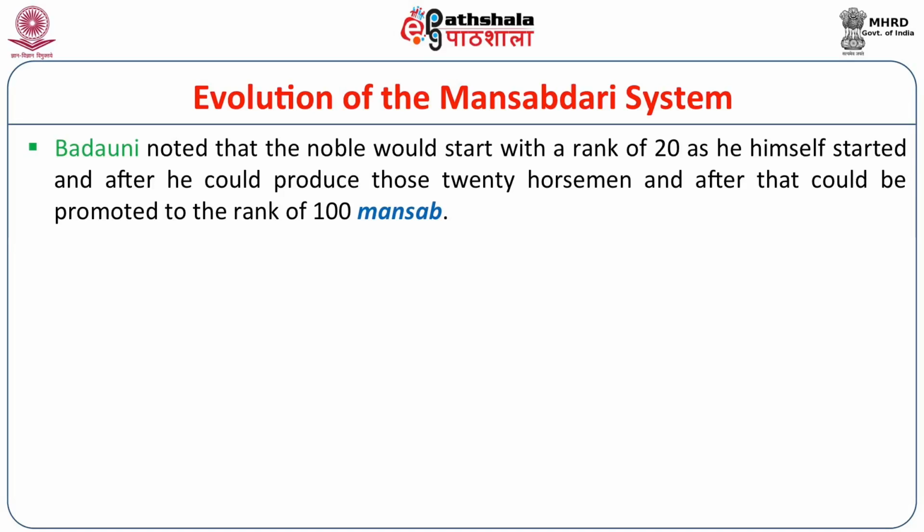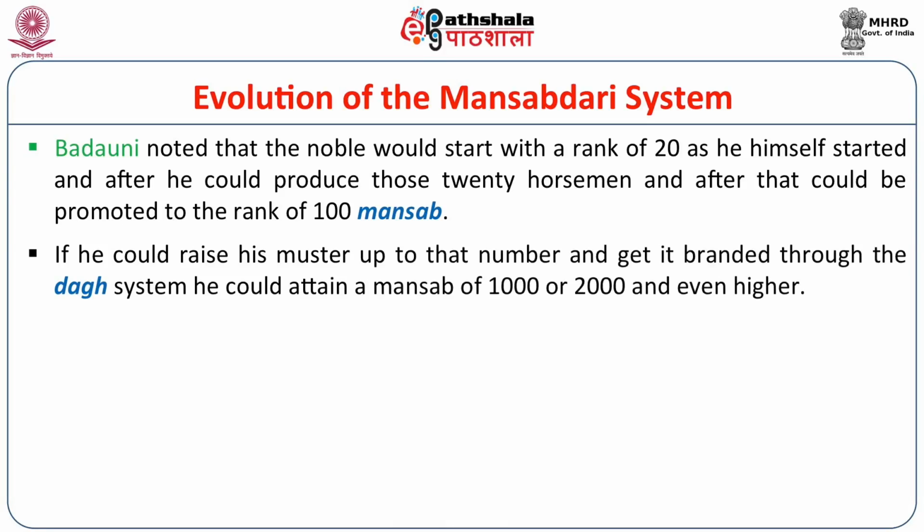After that, he could produce those 20 horsemen, and after that could be promoted up to the rank of about 100 Mansab. If he could raise his muster up to a number, then through the Dag system he could attain 10,000 to 2,000 or even a higher Mansab, depending on his credibility.